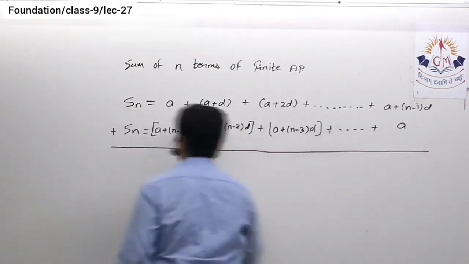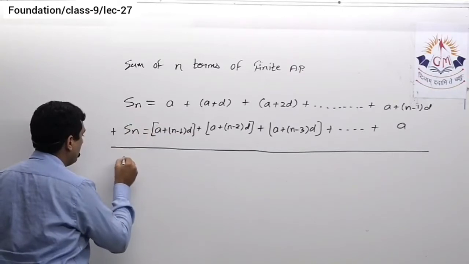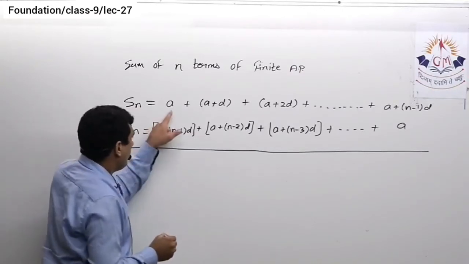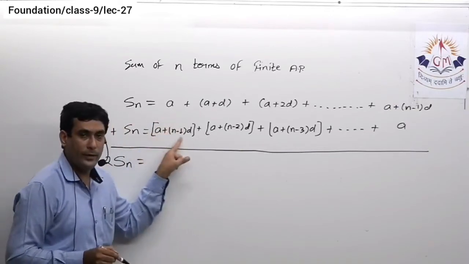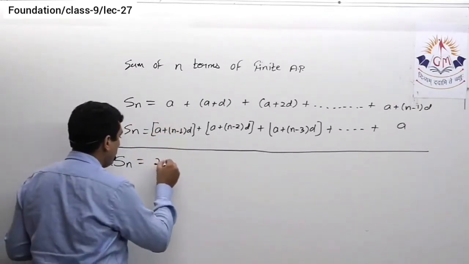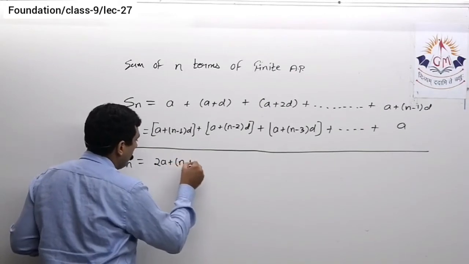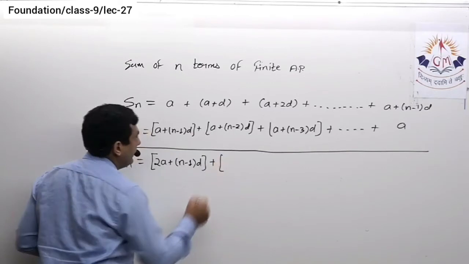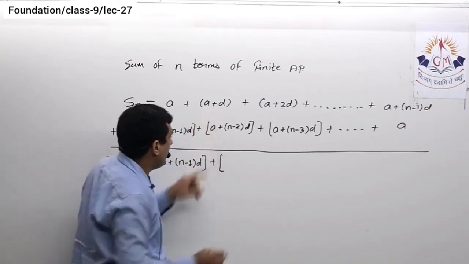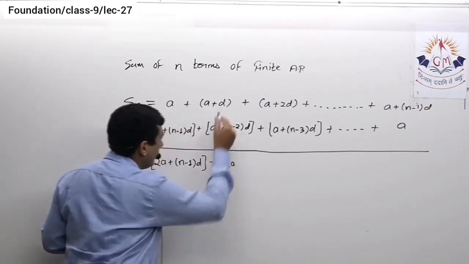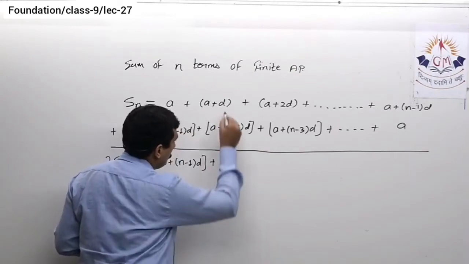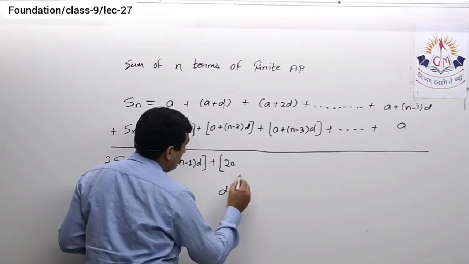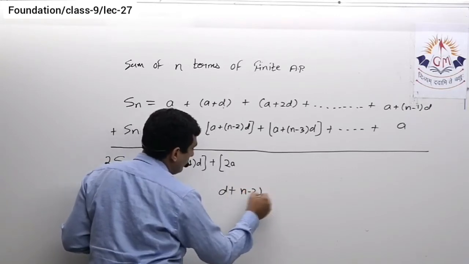Now if I add these two term to term, let us see what we will get. See here, Sn plus Sn, that is twice of Sn, is equal to, A plus A plus n minus 1 into D, that is 2A plus n minus 1 into D, plus, if you add these two, again you will get 2A, and over here D plus n minus 2D.